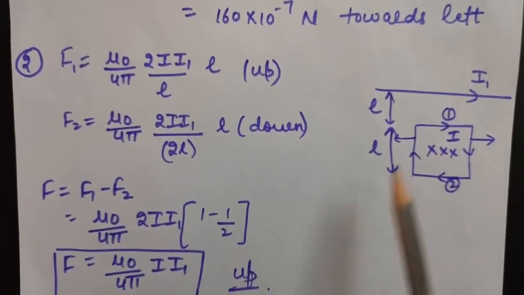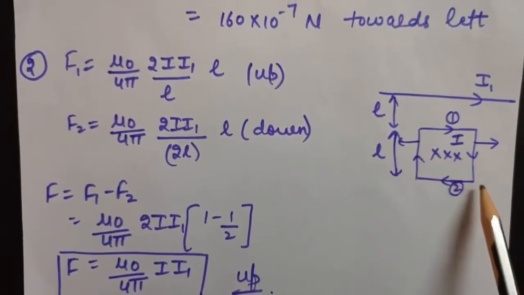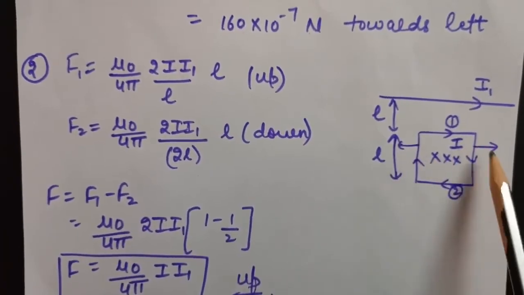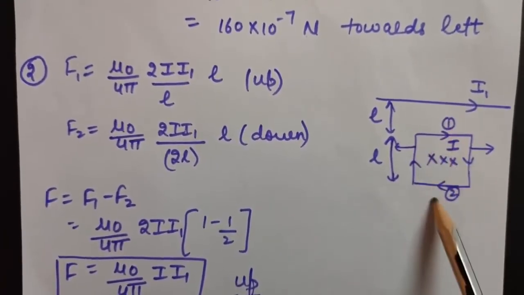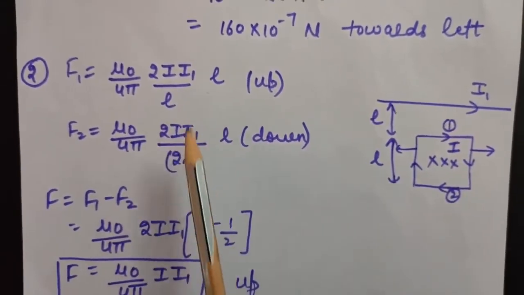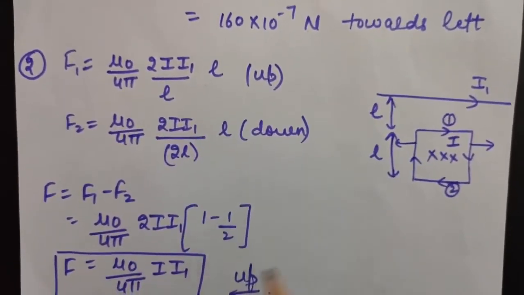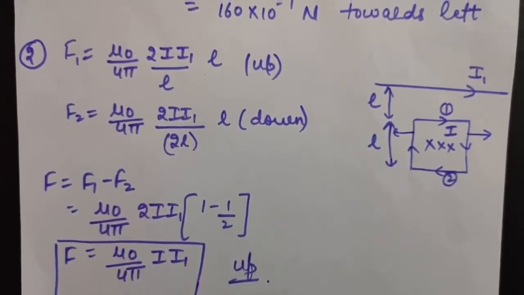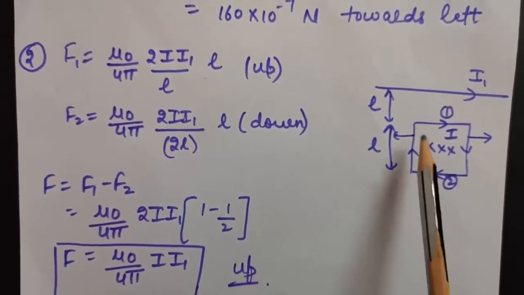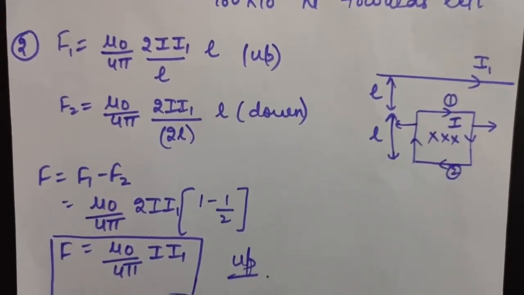Again for this side and for this side, the forces will be equal and opposite, so that will cancel out. Now let us talk about these two sides. Mark them 1 and 2 as we did earlier. Calculate F1 and F2, using the same method as we did earlier. Then F1 minus F2, you will get the answer to be mu naught upon 4 pi I1, and it will be overall in upward direction.